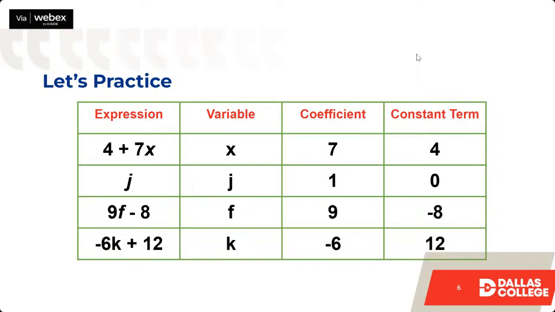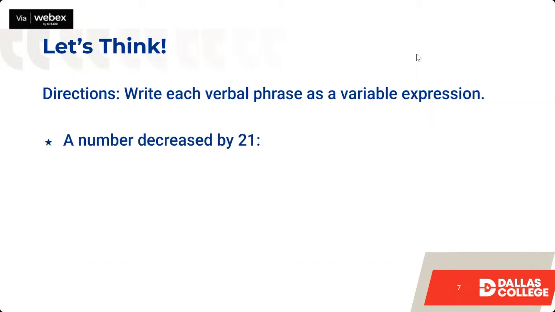Like this. A number decreased by 21. We don't know what that number is, so we need to give it a variable. And you can give it any variable you want to give it. It needs to have a variable decreased by 21.